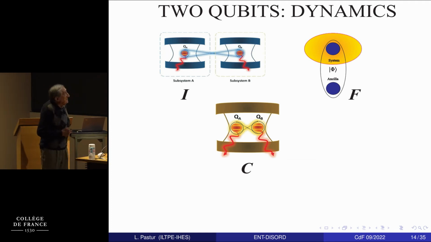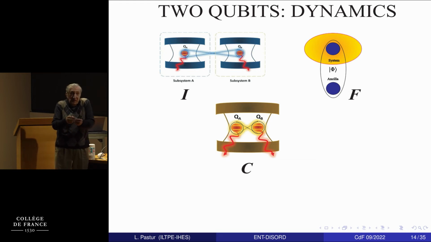And the third case is more realistic. You assume that qubits still do not interact, but they live in the same environment. So roughly speaking, these two cases are extreme cases of a general situation.